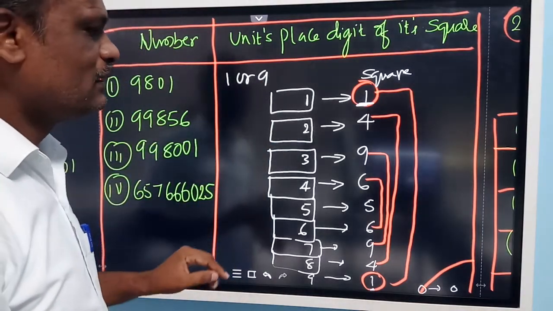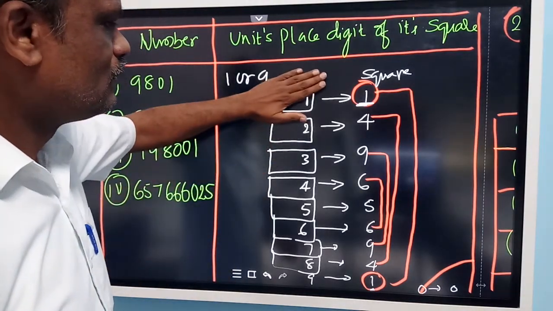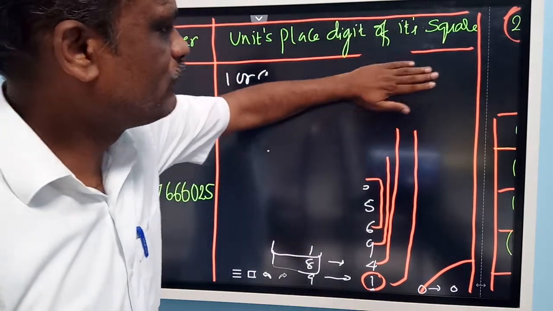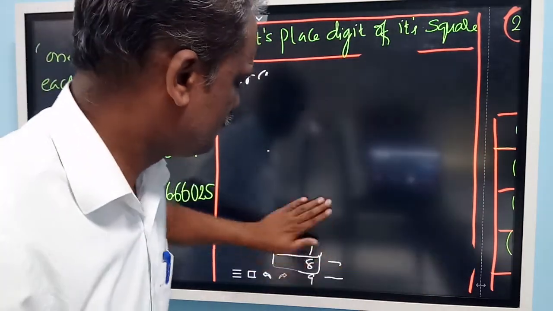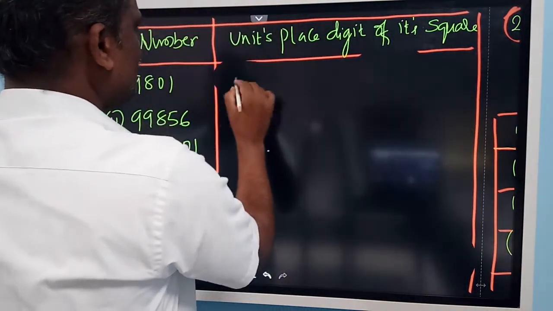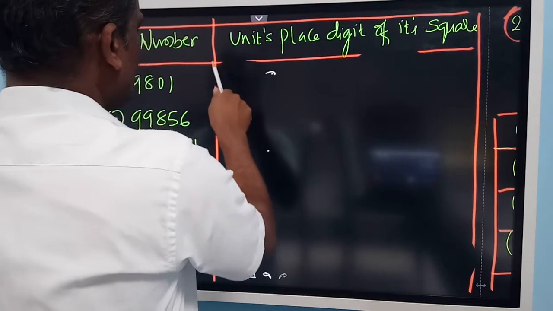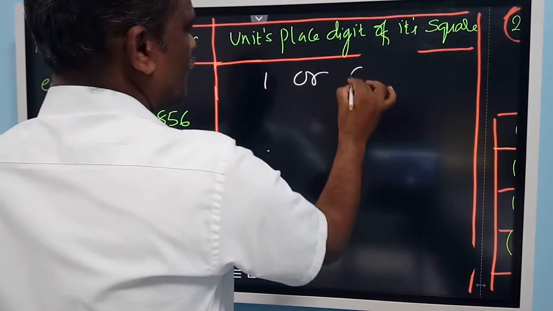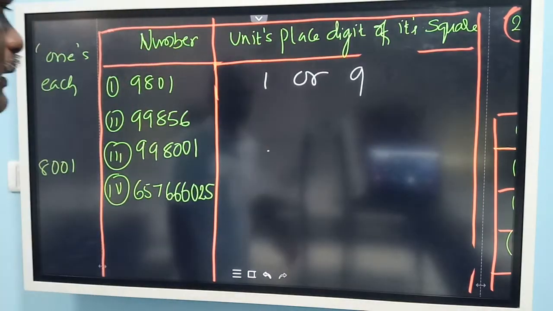Shall I remove this? Yes, sir. Now you have to tell me. I am going to remove this. So you recall and tell me. So its square root ends with either 1 or 9.